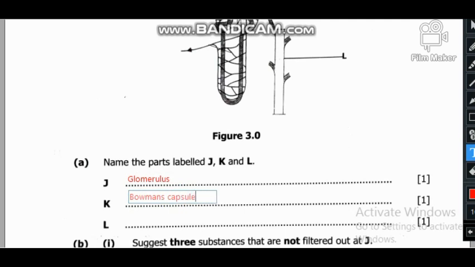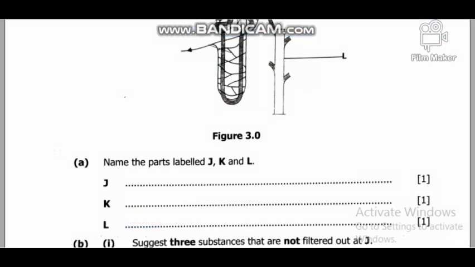Then for L, it's a collecting duct, or if you like, you can call it a tubule. This is how we're going to answer the question. So we have the glomerulus, Bowman's capsule, and the collecting duct, or a tubule. That is very important that we shouldn't forget.